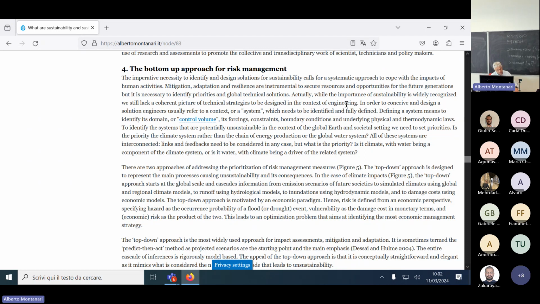So we make economic models, socio-economic models, and environmental models, and we make a prediction of the future. And then from the prediction of the future, we test policies and solutions. We test design projects based on predictions.